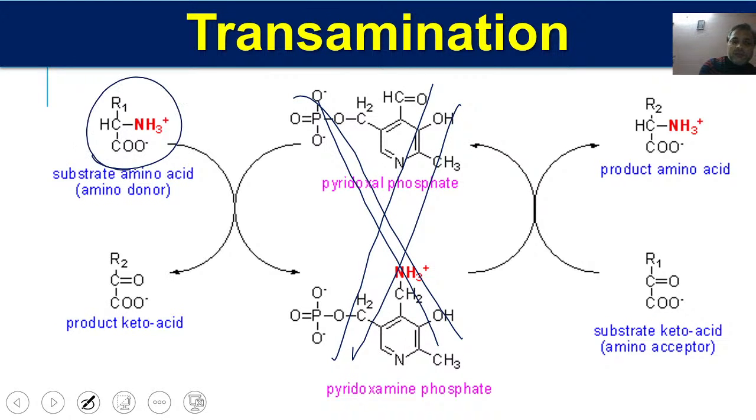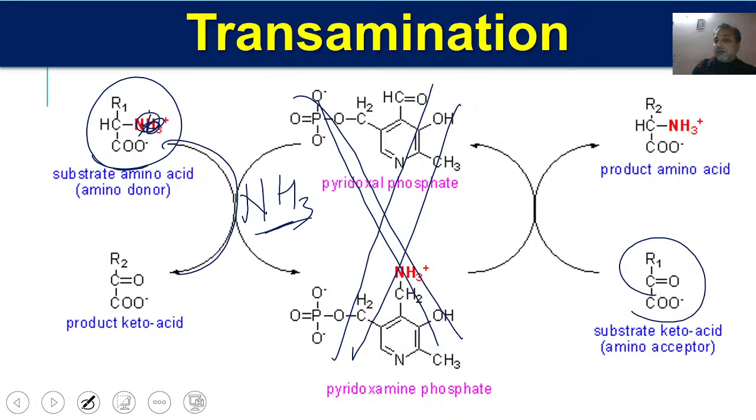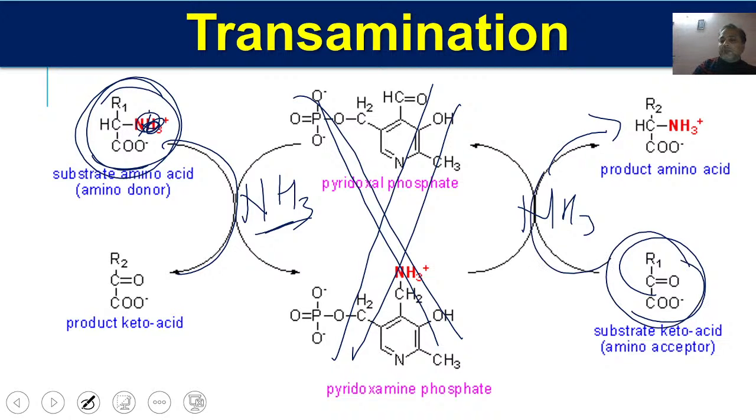Here we have an amino acid. This amino acid removes its ammonia and is converted into a keto acid. So ammonia has been released. This ammonia will be taken by this keto acid and it will be converted into an amino acid. So there is a reaction between amino acid and keto acid. Keto acid becomes amino acid and amino acid becomes keto acid.